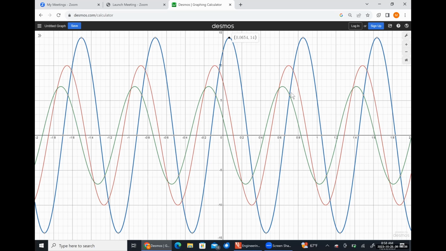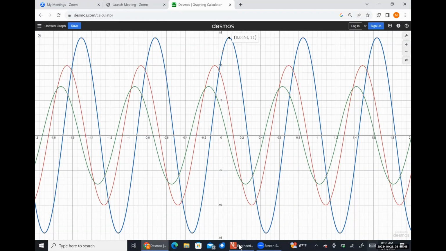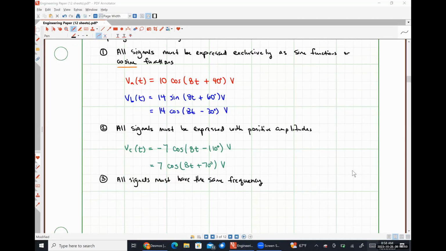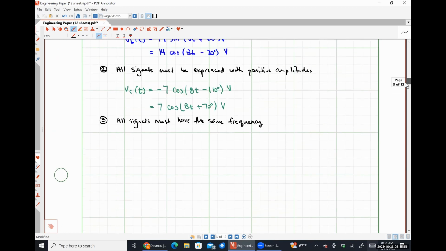Okay, so now that I have mentioned the topic of a phase diagram, let's put it into practice.